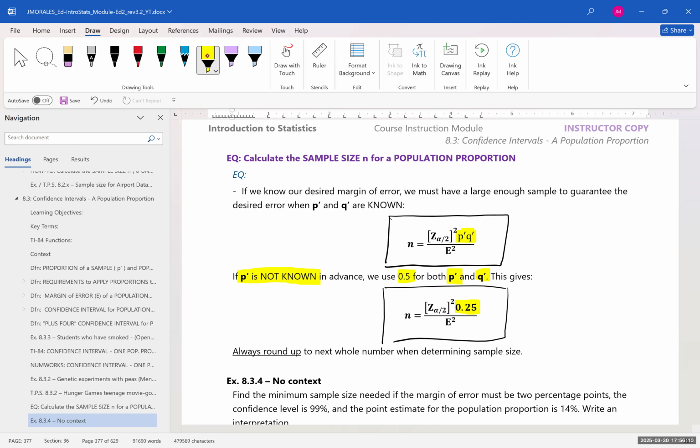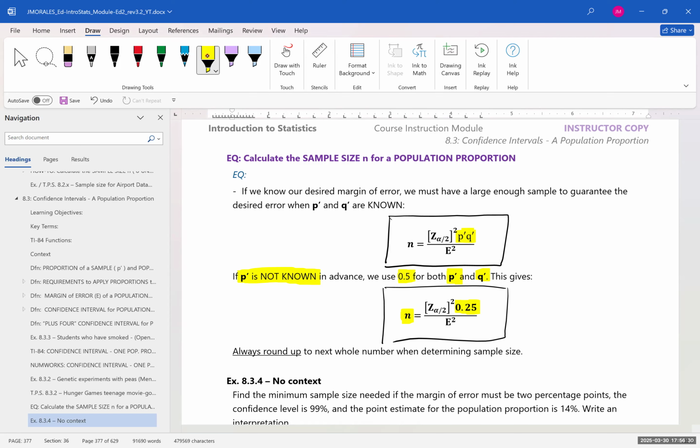And it turns out that by assuming that both are going to be at 50%, it's going to maximize the sample size and give you the most conservative estimate for sample size that you can use.